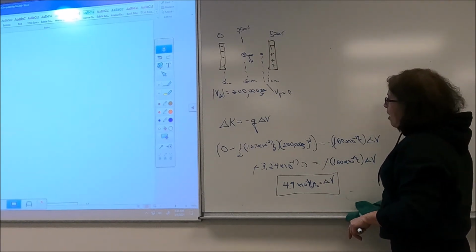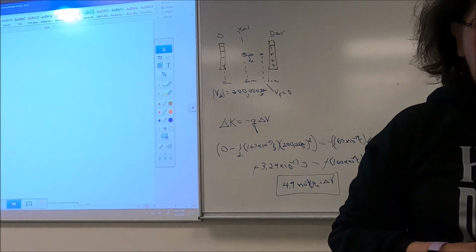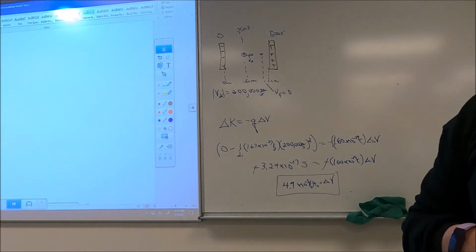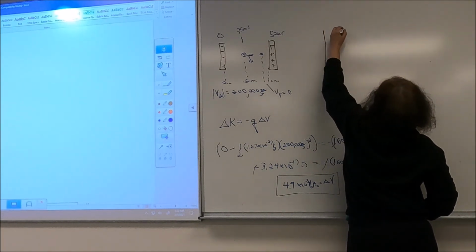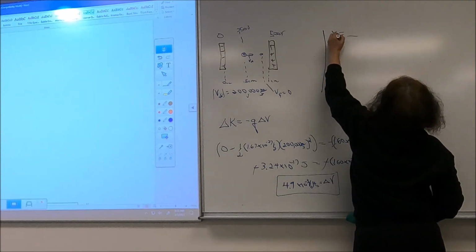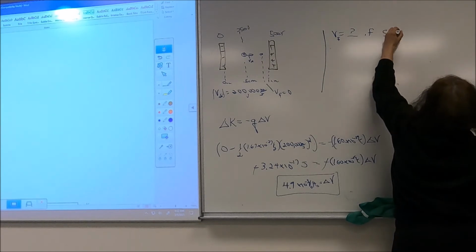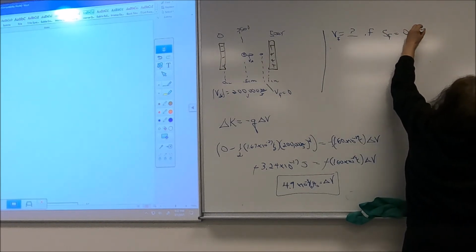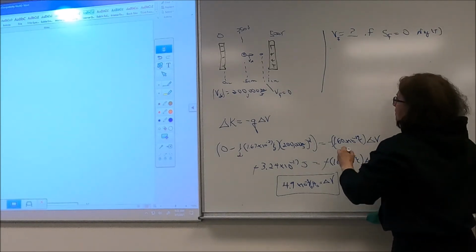Okay? Now it asks us, what would be its speed when it collides with the negative plate? So, V final, if S final is 0, the negative plate. Okay?